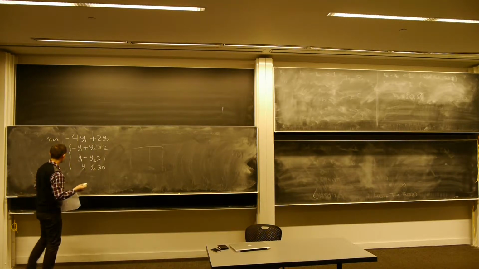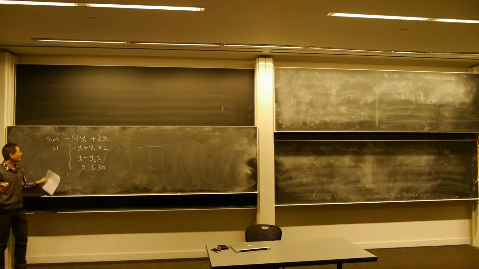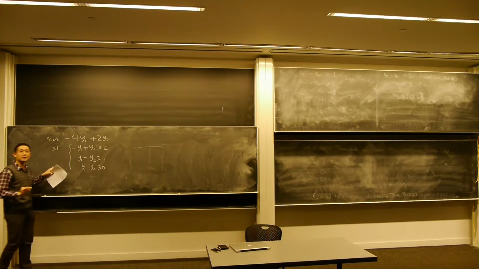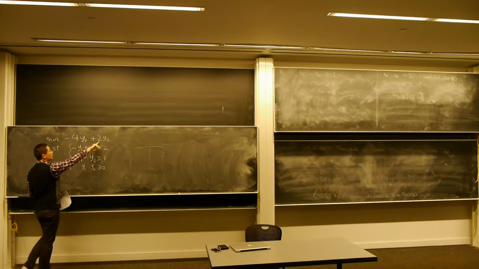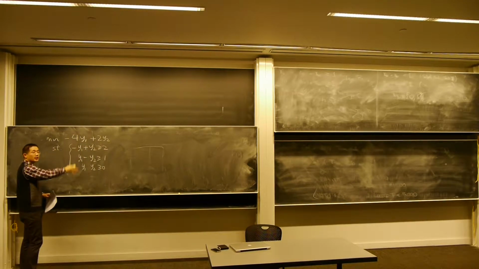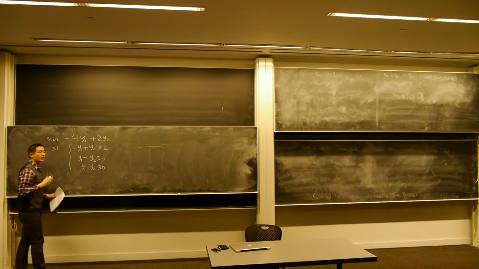First step, we write out the Lagrangian. First of all, we write out the Lagrangian of this problem. And the Lagrangian is composed of the objective function and the Lagrangian multiplier times the constraints.